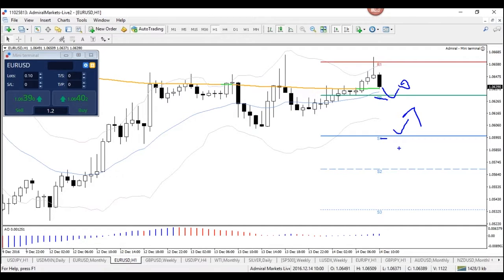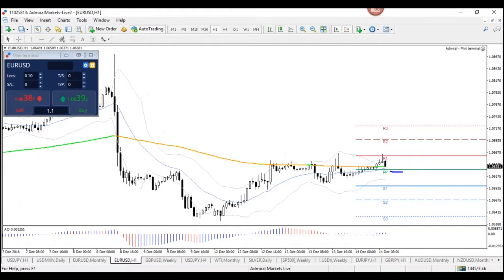I would never use any pending orders at these levels because I think that's too risky. Could it bounce? Yes. Will it bounce? I have no idea. Maybe there'll be huge bearish candles that bring it all the way down to S2 before price goes into consolidation. This momentum is still here, so I would never use pending orders against the trend.